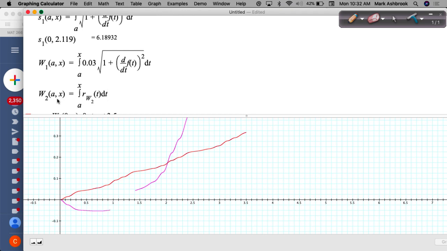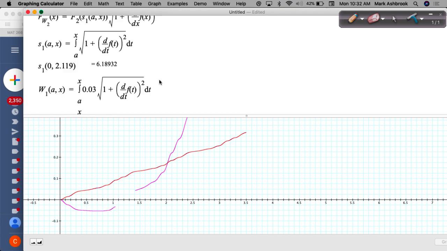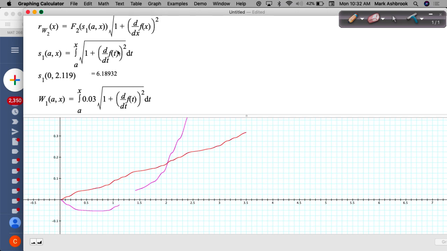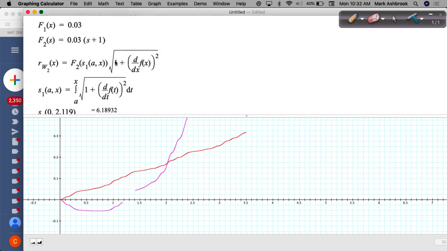Got it right there, and we got our rate function correct. F2. This should always be greater, right? We made a mistake. This should always be up above this because the work accomplished by the ant will always be higher like this. So we'll have to investigate and let you know at the beginning of class next time.